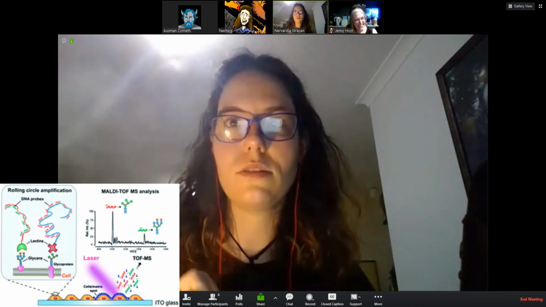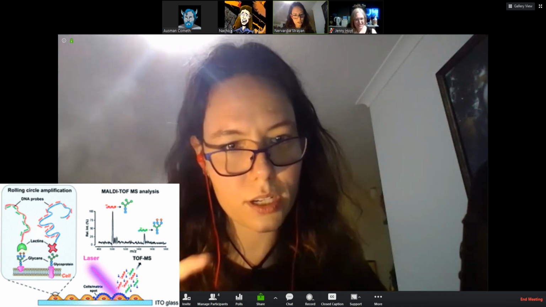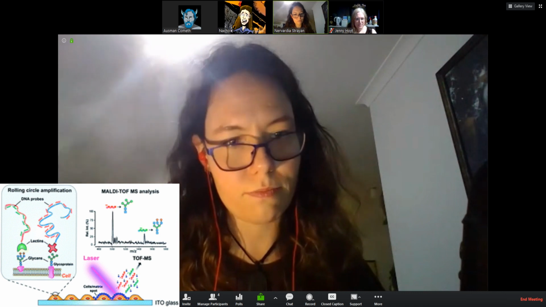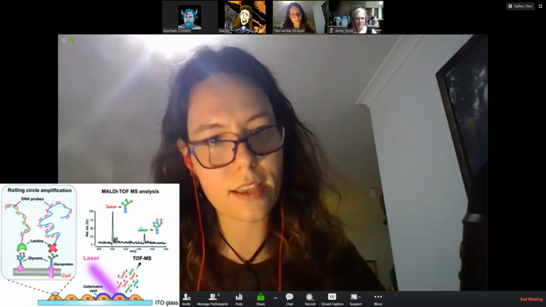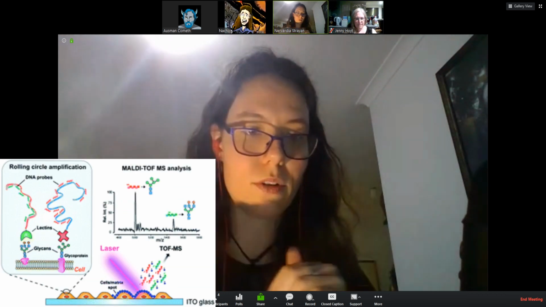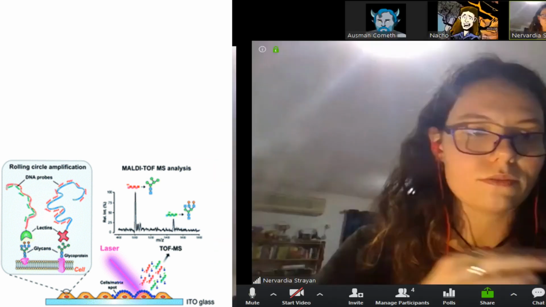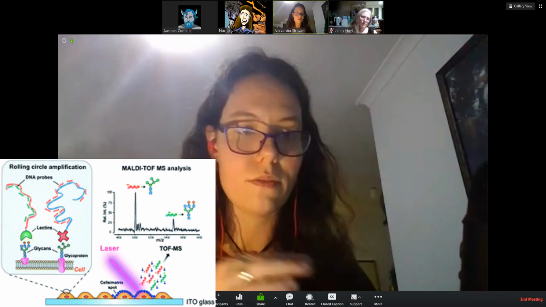As you can see in the bottom left-hand corner, the purple line, the laser, hits it. It damages the surface of the matrix, and it releases the molecules that they're looking at, and then it carries them to the ionizer in the gas phase in ionized form. So it's ionized and it's in the gas phase.